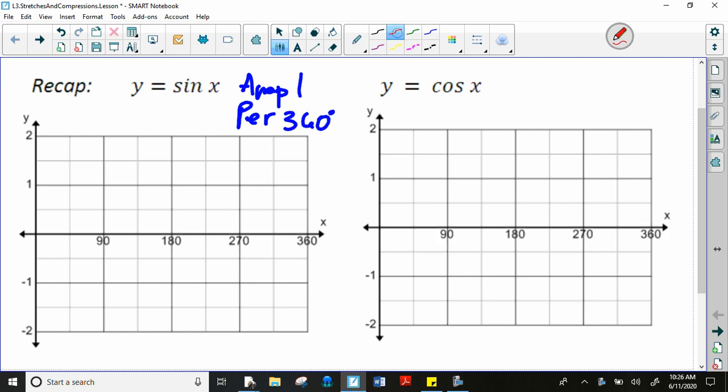And if you remember, for sine, we'll go middle, high, middle, low, middle. Cosine is high, middle, low, middle, high. One of them starts in the middle and it goes up. The other one starts high and it goes down.